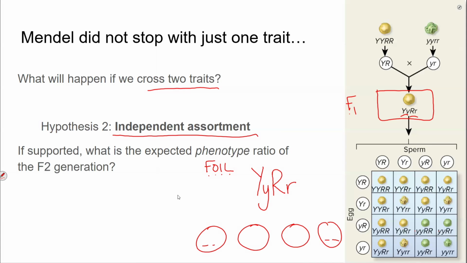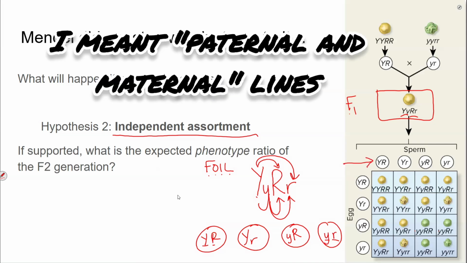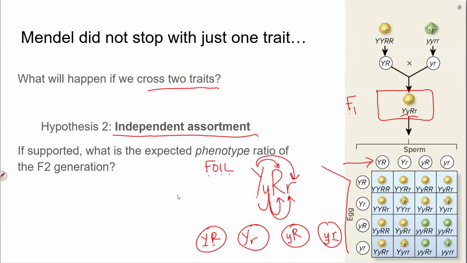So this Y could match with this R. This Y could match with that R. Our little y could match with a big R. Our little y could match with a little r. And these are our gamete possibilities for both the paternal line and the maternal line. So those same gametes are both options.